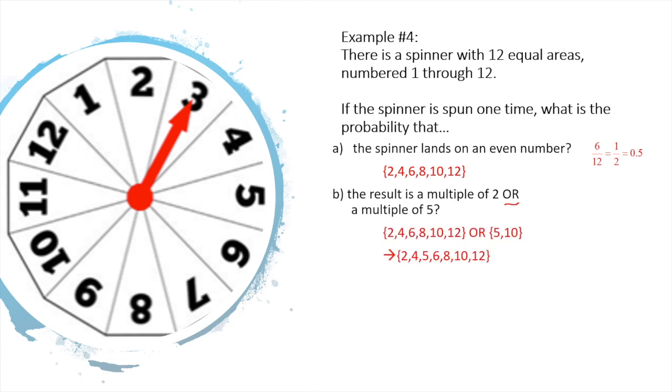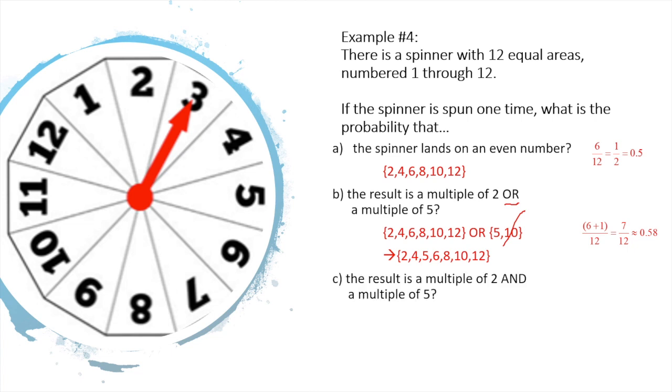So if you list the multiples of 2, you get 2, 4, 6, 8, 10, 12, and or a multiple of 5, or multiples of 5 are 5 and 10, but be careful because you don't want to count that 10 2 times. You only want to count it once. So our final answers would be 2, 4, 5, 6, 8, 10, 12. And so that gives us 7 numbers out of 12, which is about 0.58.